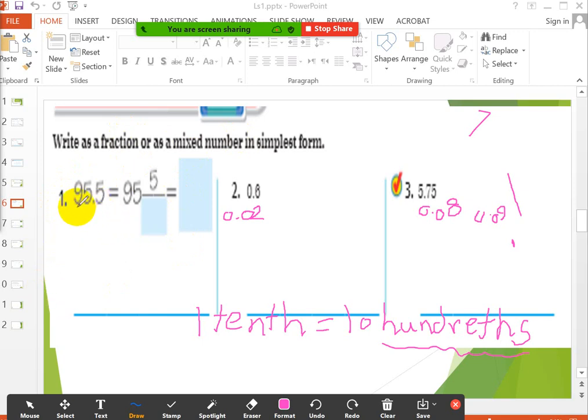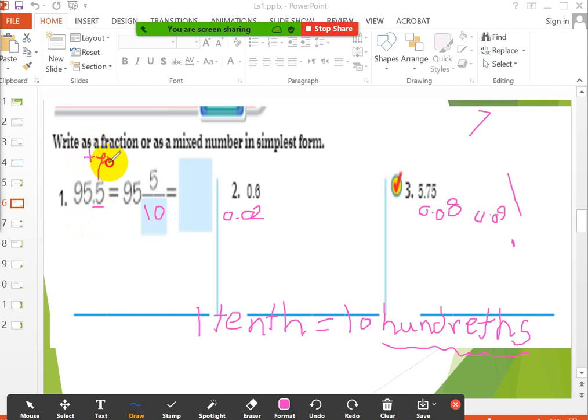My issue here in the decimal number is the decimal part. The whole part will be the same, so I will write 95 as it is. But what about the decimal part? This 0.5 is 5 in the tenths digit, which means it will be 5 over 10.